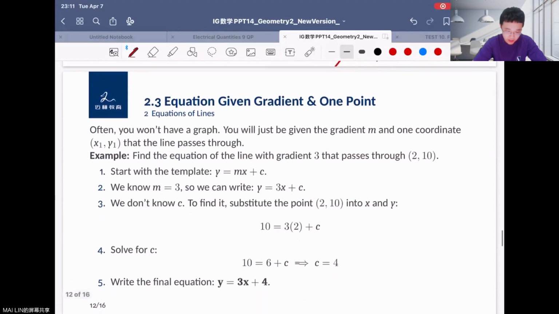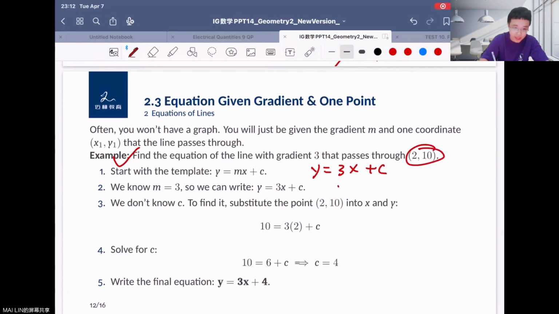And we can also find the equation just by a given gradient and 1 point. Okay, how to do that? Here is an example. Say we have a line with gradient 3 that passes through (2, 10), right? So the equation is y equals 3x plus c, right? And then you put (2, 10) into it.